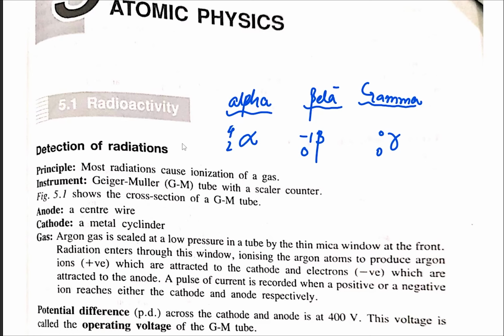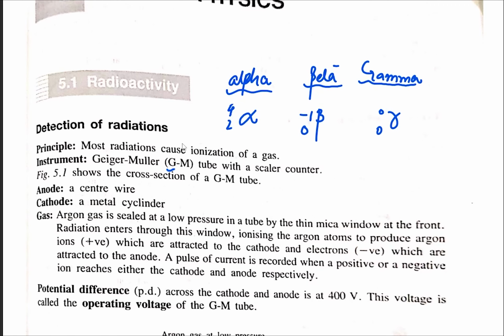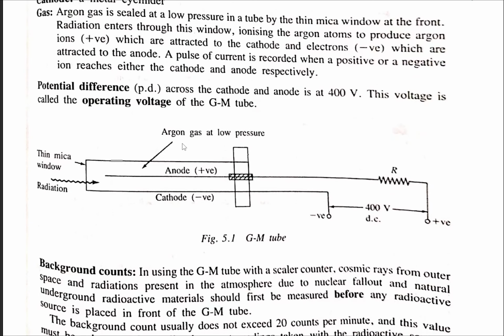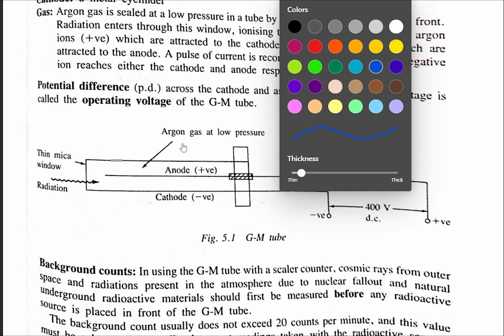The first instrument that we have here is known as the GM tube, or the Geiger-Müller tube, with a counter attached to it. Let's try to understand how it is constructed, and then we can move on from there. This is what a GM tube looks like to a common person.